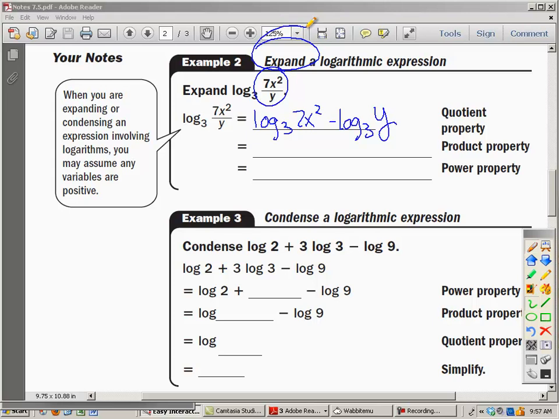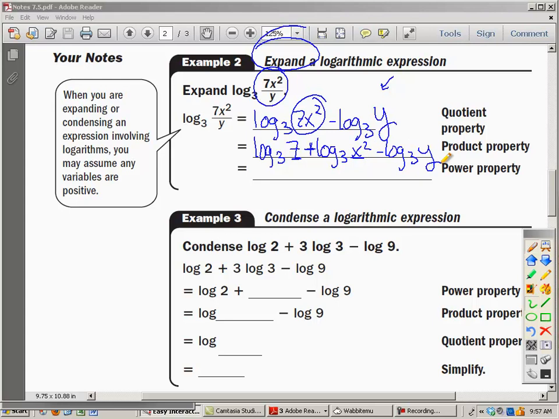Now this doesn't simplify anymore, but this first one sure does. This is log base 3 of 7 plus log base 3 of x squared, because this is the product of 7 and x squared, so I can split it into the sum. Don't forget I still have log base 3 of y on the end.